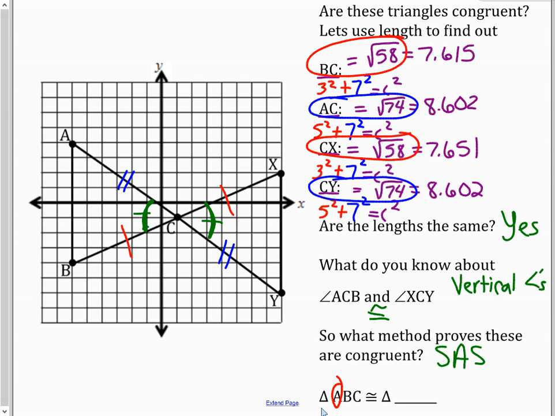A should match up with Y in my second triangle. B in the first triangle should match up with X in the second triangle. And finally, C should match up with C. So triangle ABC is congruent to triangle YXC.